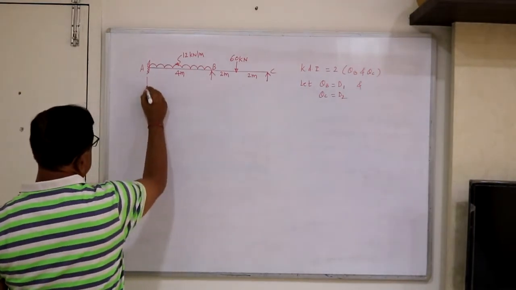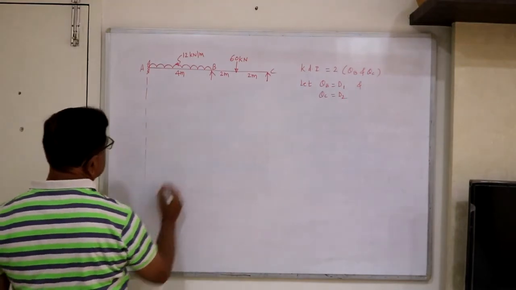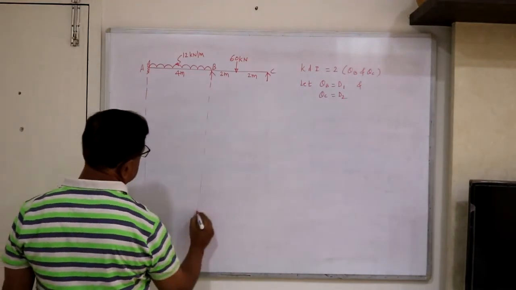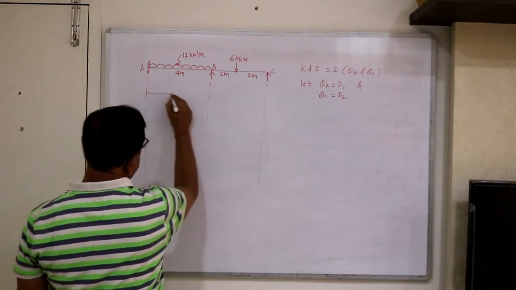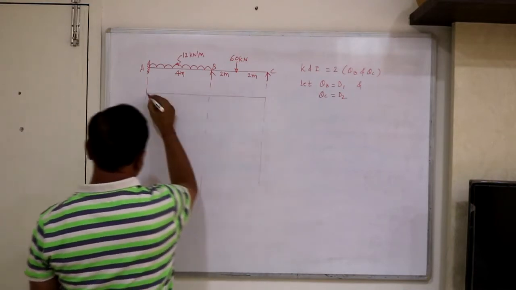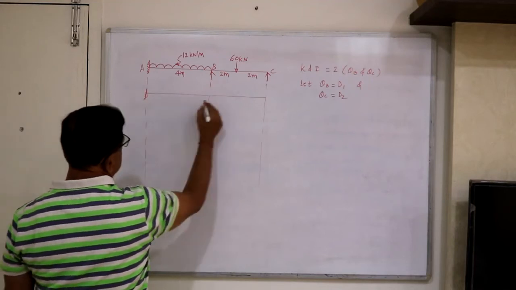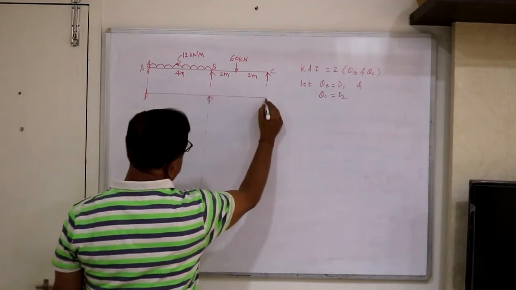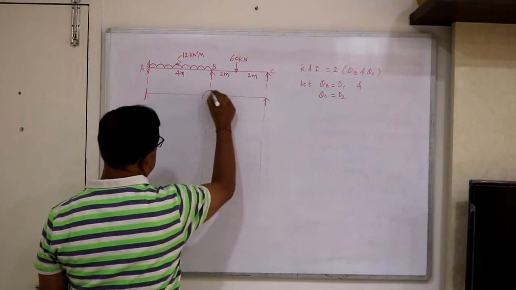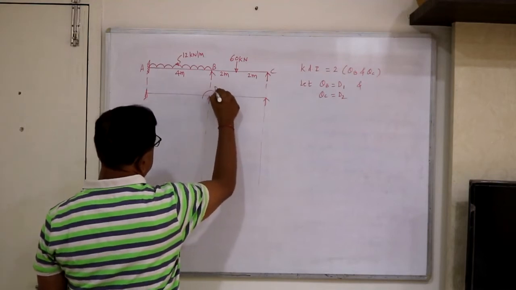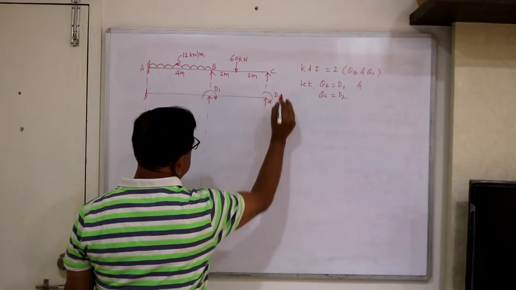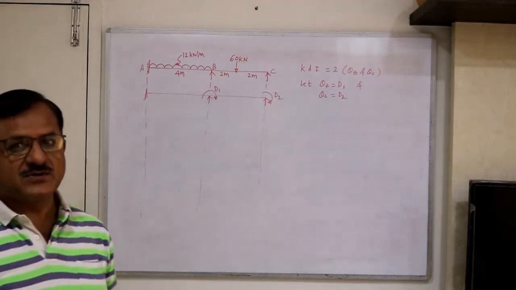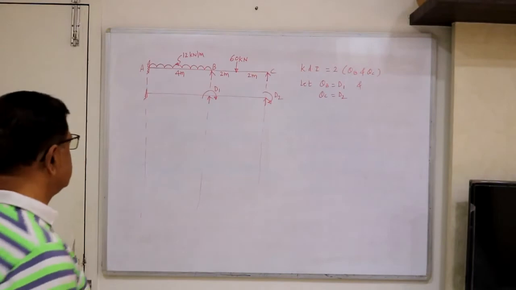Next, let's assign the coordinates. This is fixed, simple support, simple support. So in the direction of theta B, D1, in the direction of theta C, D2. So assign the coordinates. Very simple.